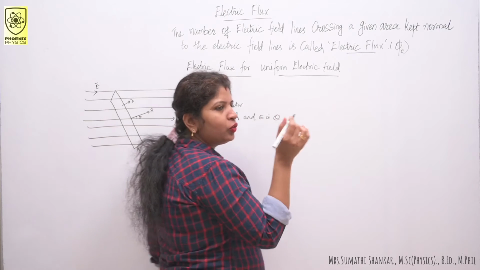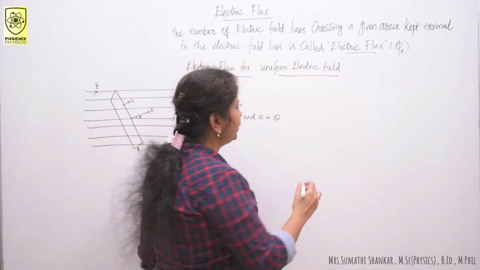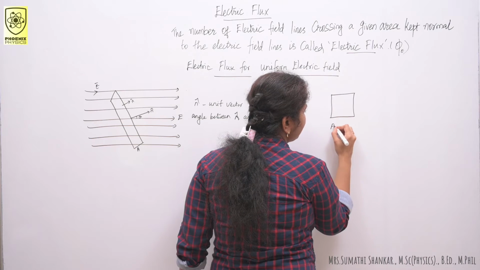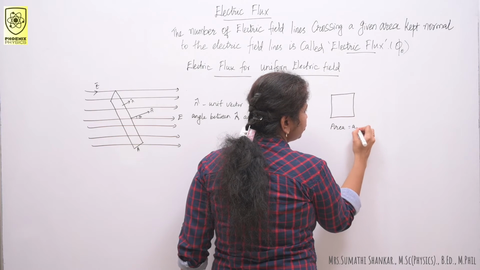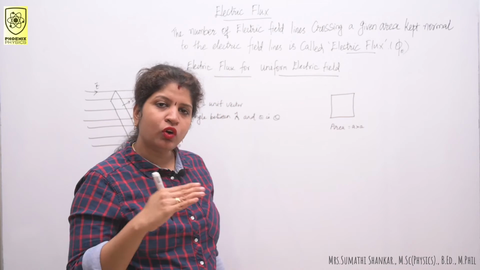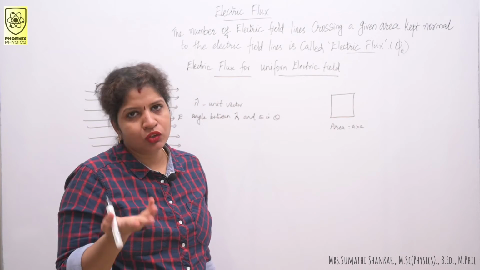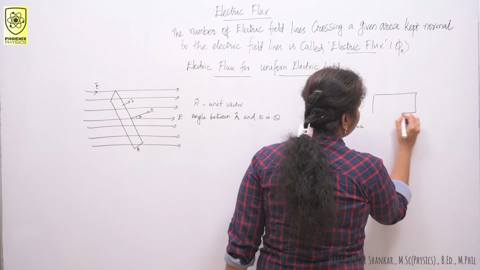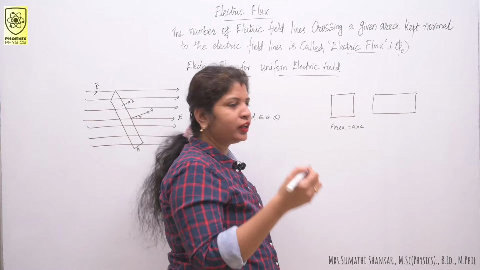See, how do you find out area for a square? If it is square shape, the area formula is a into a, because a square has 4 equal sides. Suppose I have rectangular shape, how do you find out area?